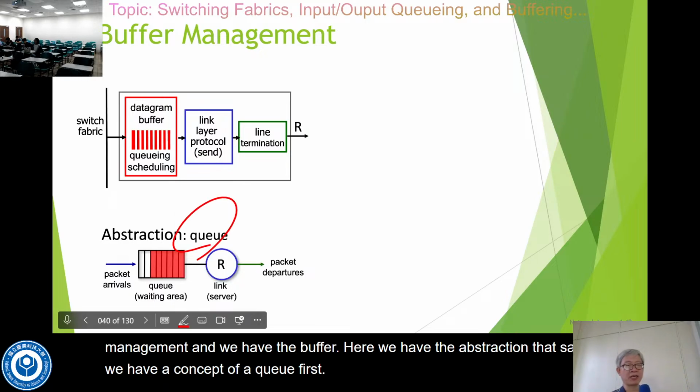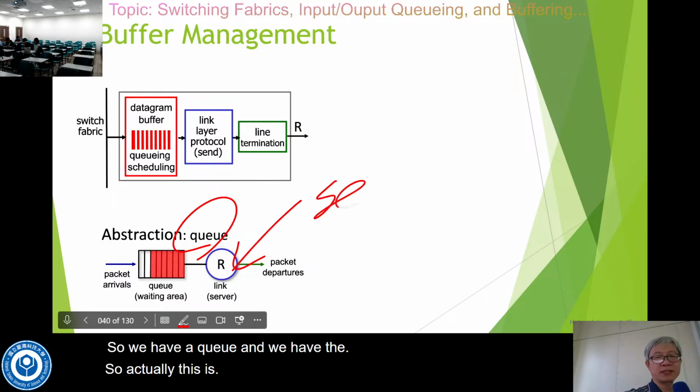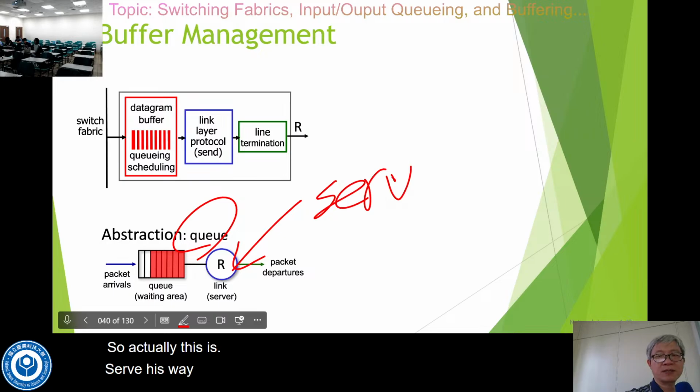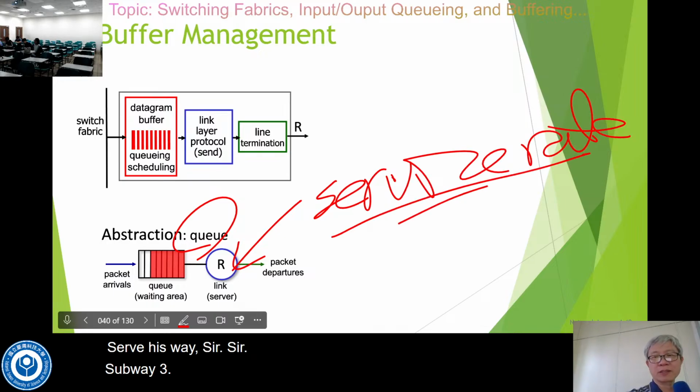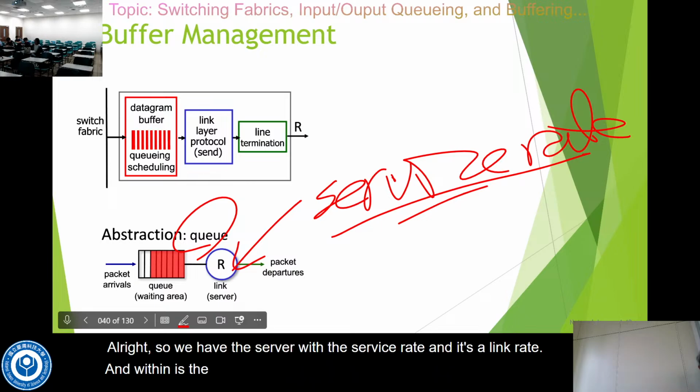So we have a queue, and we have the server. Actually, this is a service rate, the link rate of the server.